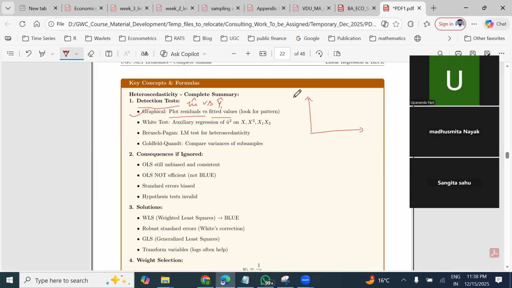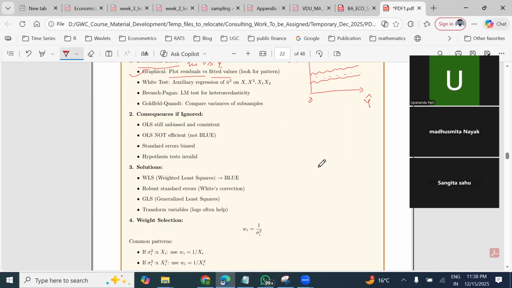So this is your ui hat square on the y-axis, and this is your y hat, the predicted values of y. If there is homoscedasticity, equal variance, then it will be like this. This is a case of homoscedasticity. Clear? Means when you will plot it.